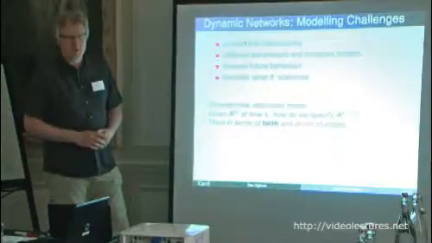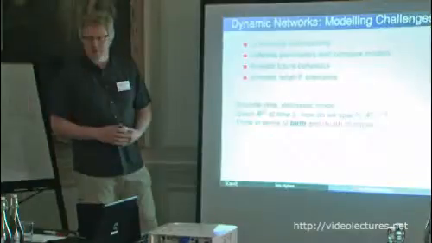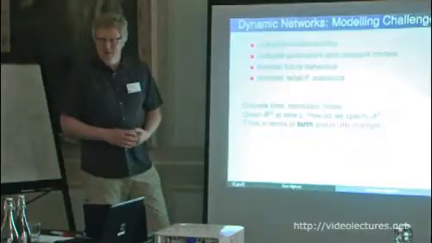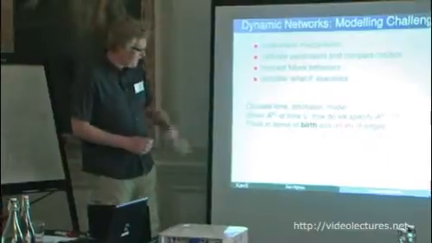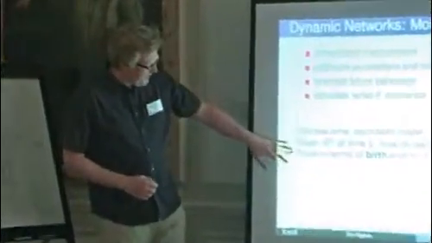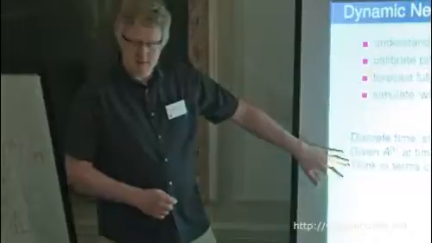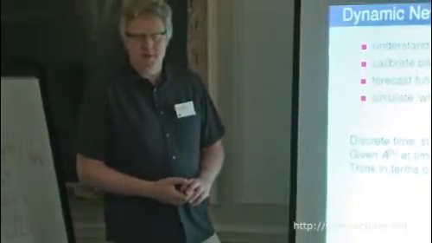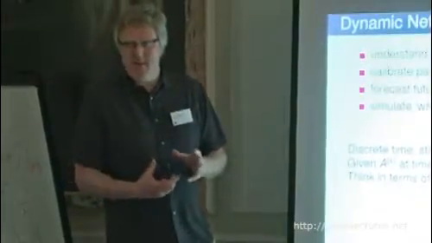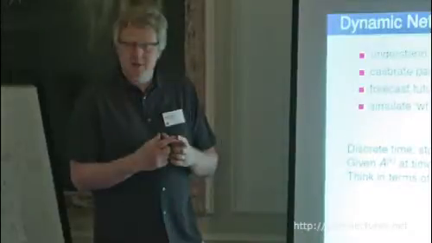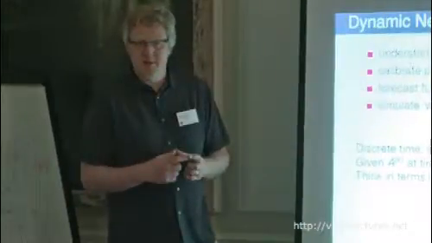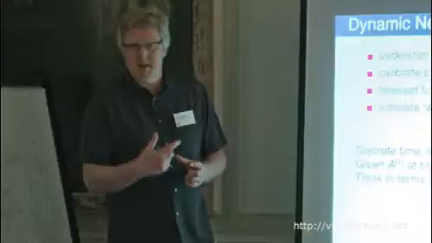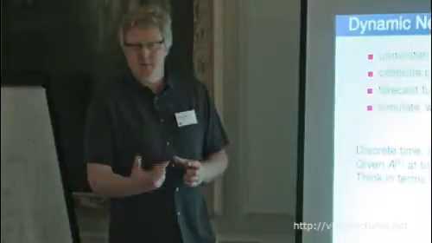Now, if you try and parameterize that kind of Markov chain, then you find there's lots of parameters involved. So we like to simplify things. And the version that we focused on, we like to talk about in terms of birth and death of edges. So given today's network, if there's an edge in today's network, then there's going to be a probability of that edge remaining or disappearing tomorrow.